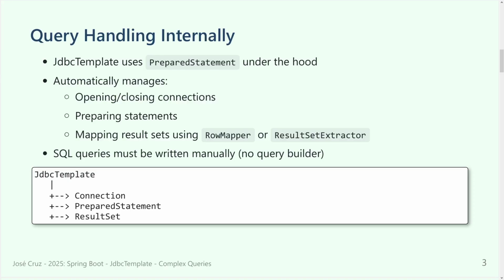However, the SQL queries must be written manually. It will be on your side to write the query, which is quite different if you use a technology like object relational mapping, like Hibernate, that can write it for you. But I think Hibernate has a different purpose, a different scope from SQL. So it's not that Hibernate is the next step after JDBC template, it's just a different technology.